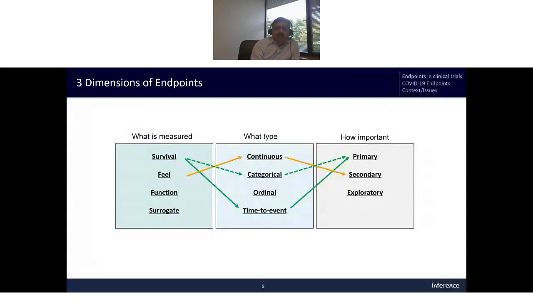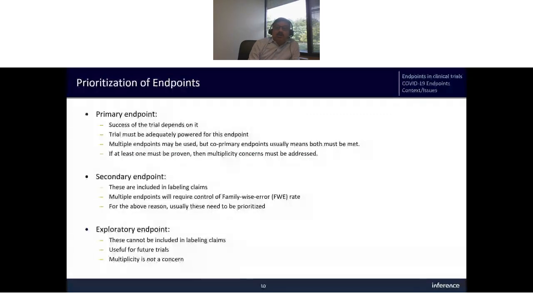Do they survive for 5 years, etc.? And we can put survival as the primary endpoint either way. And that choice we'd have to make depending on what the disease is and what is clinically important. Or if we say feel, for example, could be a continuous endpoint, and we can put it as a secondary endpoint. Now, what are the primary, secondary, and exploratory endpoints?